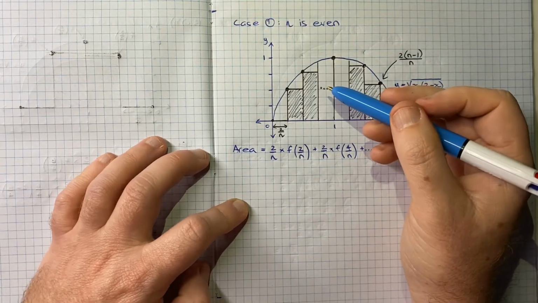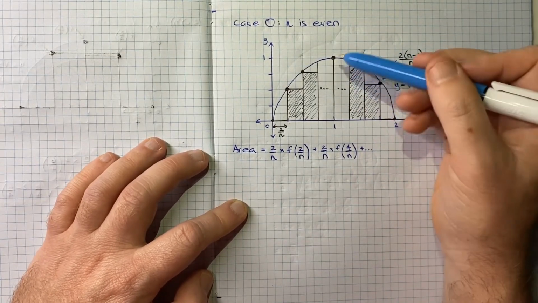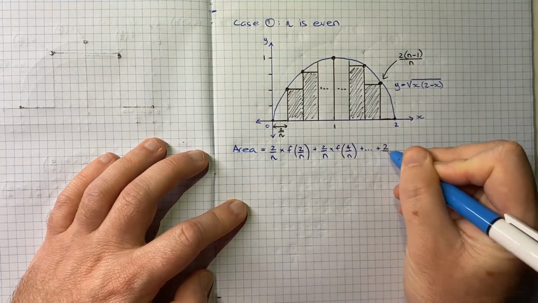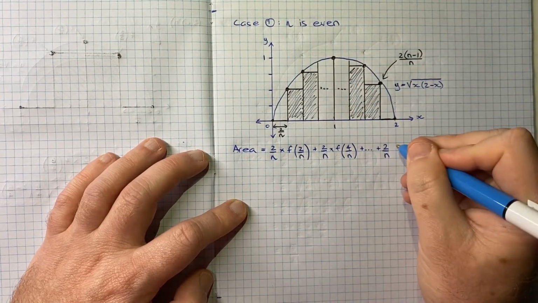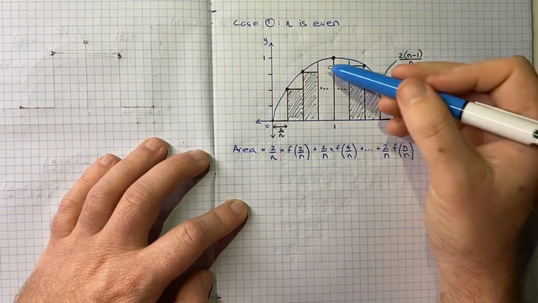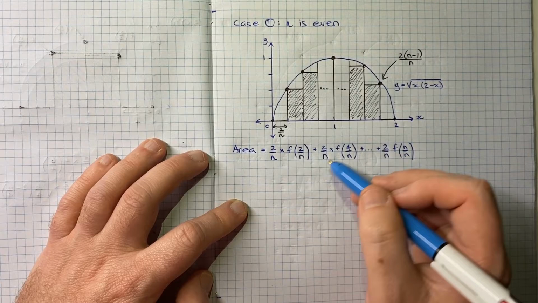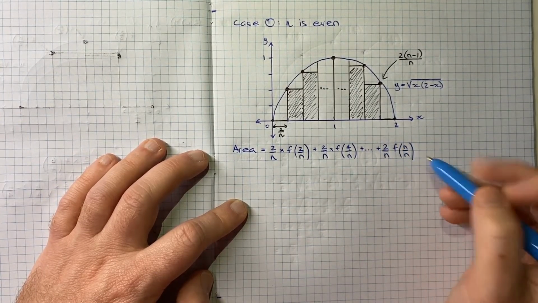and in theory what I'm going to do here is I'm going to say, let's pretend there is a rectangle at this exact midpoint, so the function n on n. Now we know there isn't, but let's just pretend there is, just so that we get this consistent 2, 4, 6, 8, 10, 12 and so on, all the way up to the midpoint.